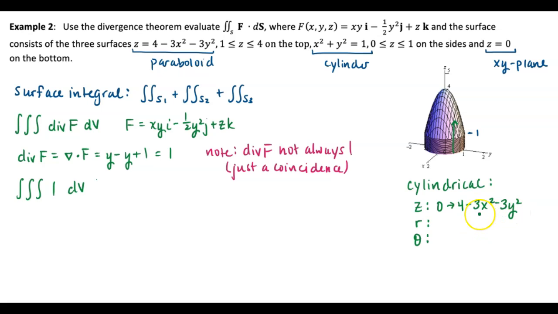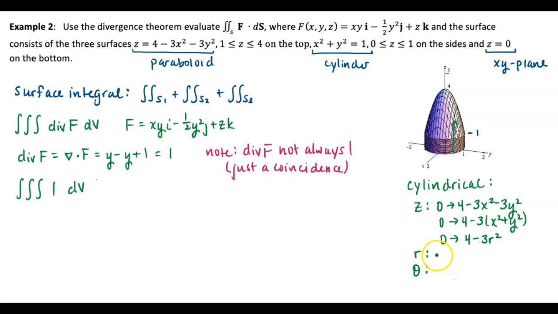And so can't I rewrite this as 0 to 4, and I'll factor out a -3 because then I'm left with x squared plus y squared. And isn't x squared plus y squared just equal to r squared? And so I can rewrite my z bounds as going from 0 to 4 minus 3r squared.